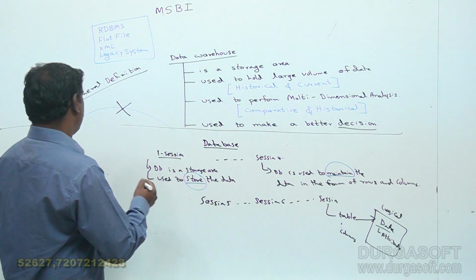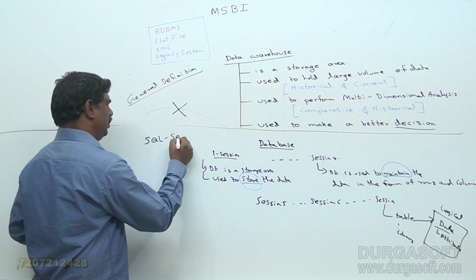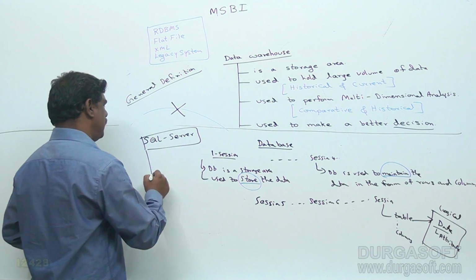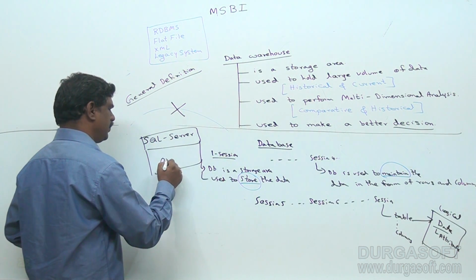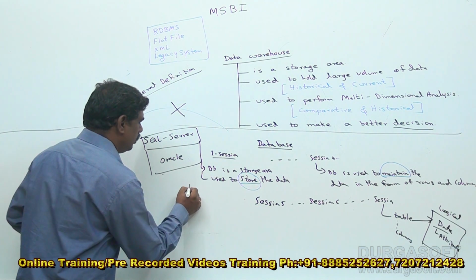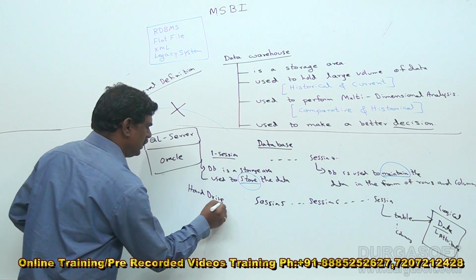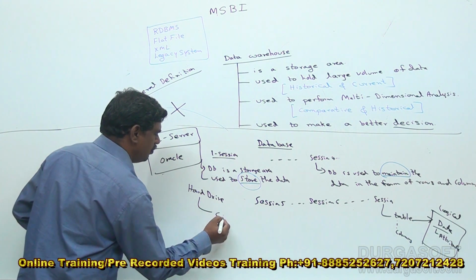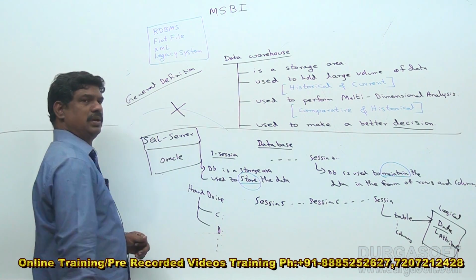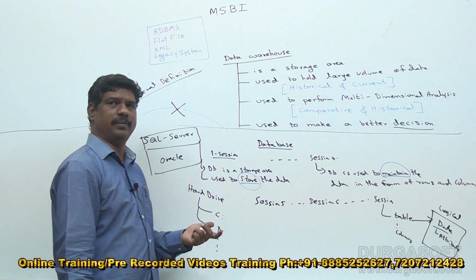To understand it in a simple way, let us take a general example. Suppose you are installing SQL Server, or maybe an Oracle database. Where are you installing it? On your hard drive, maybe the C drive or the D drive. Say you install SQL Server or Oracle on the C drive.